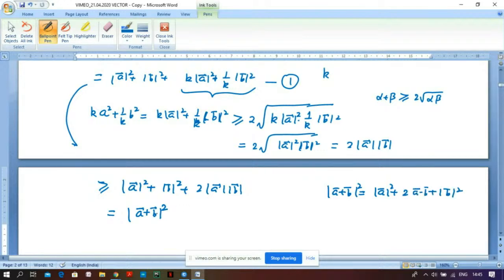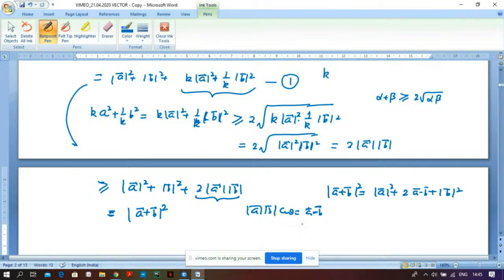By the way, let me do it this way, because we have just done this. We can change this to modulus of a times modulus of b. You know that this into cos theta is a dot b.